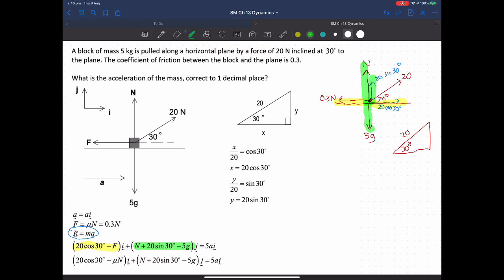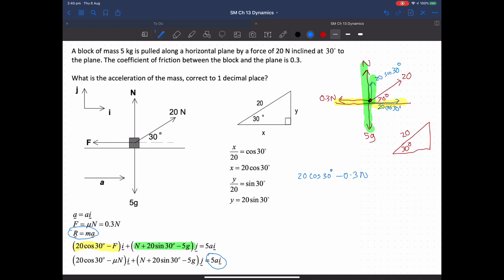We equate coefficients. We have 20 cos 30 degrees minus F. F is friction. Friction is mu times N. We know that mu, the coefficient of friction, was 0.3, so 0.3N. Now that will equal the i components on the other side of the equation.